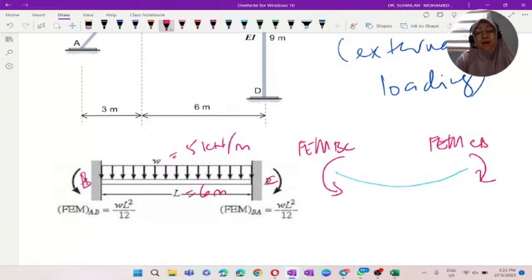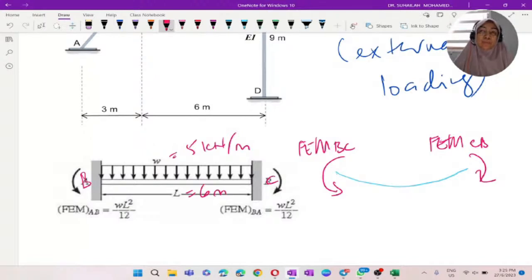It is counterclockwise for FEM BC and clockwise for FEM CB. Okay, due to behavior, it is one negative, one positive. Why do we get this? The first one is negative because of the sign convention that we use in moment distribution method.